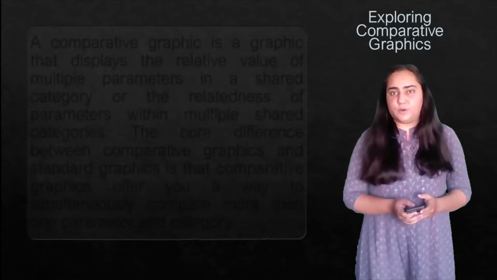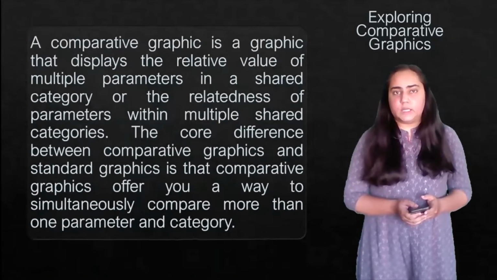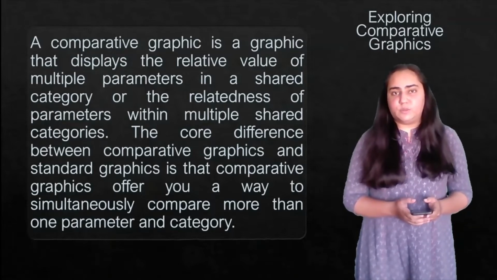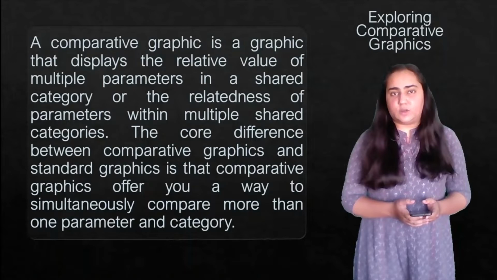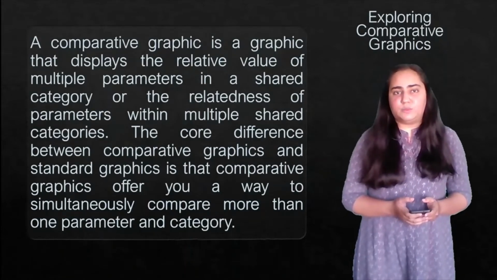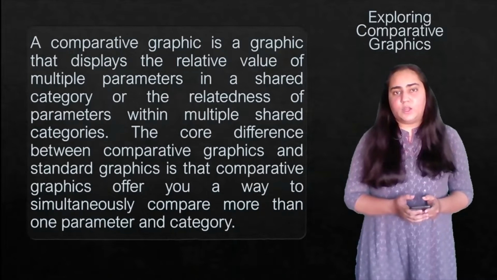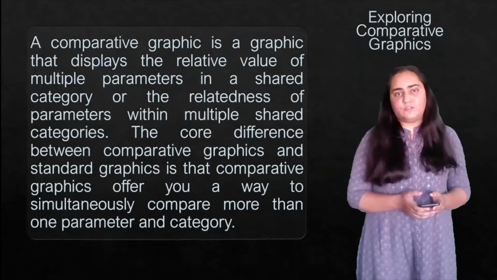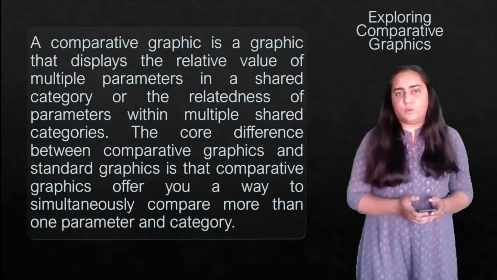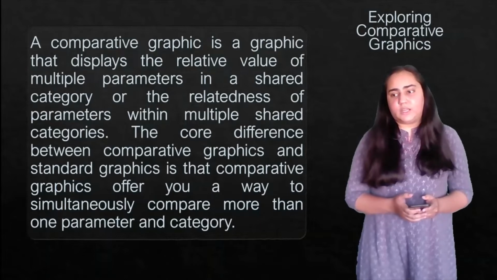First, we are going to explore comparative graphics. A comparative graphic is a graphic that displays the relative value of multiple parameters in a shared category or the relatedness of parameters within multiple shared categories. The core difference between comparative graphics and standard graphics is that comparative graphics offer you a way to simultaneously compare more than one parameter and category.